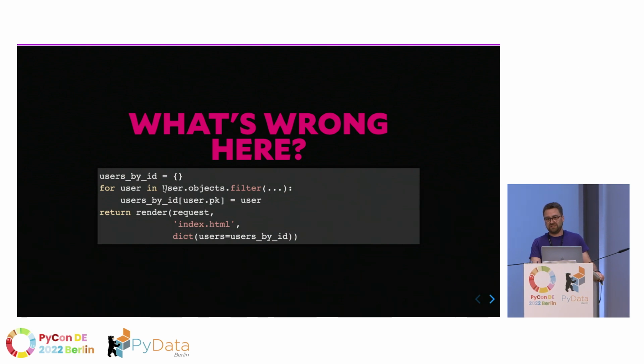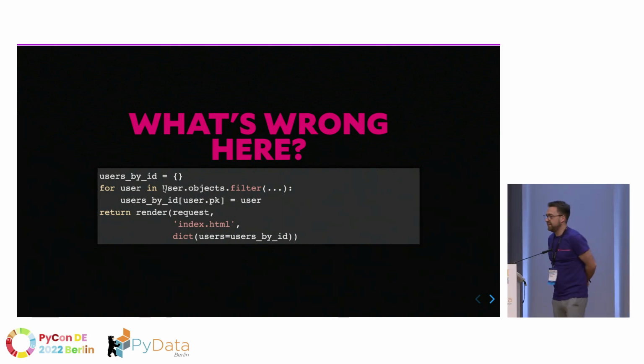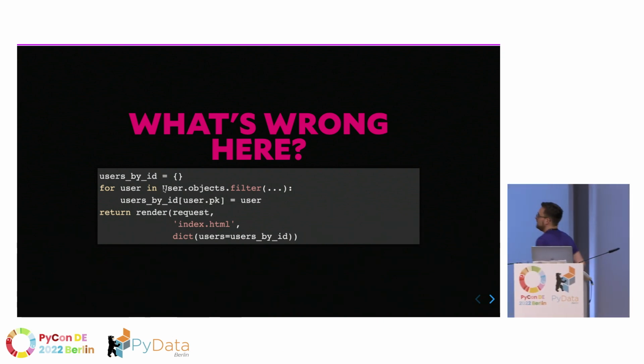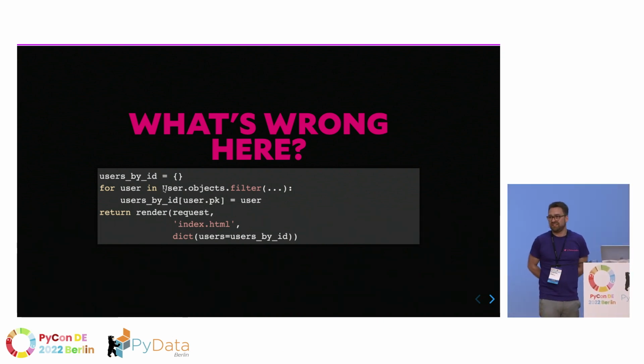Probably you should use a generator. Why? You have the first loop. You create the dictionary, and after that, this dictionary makes the second loop in the template.